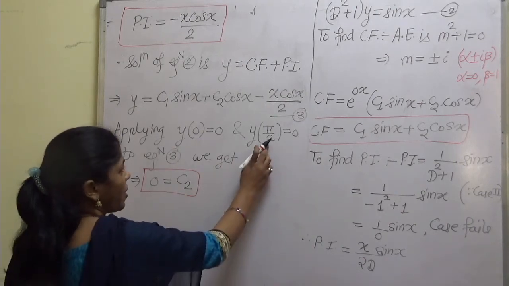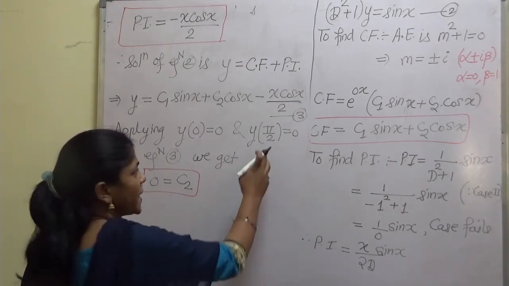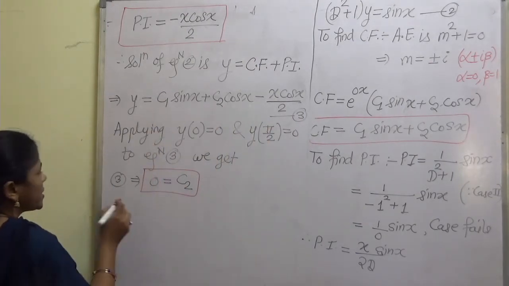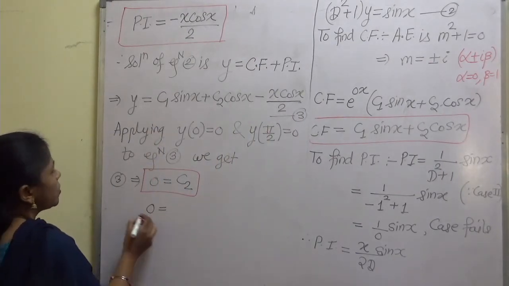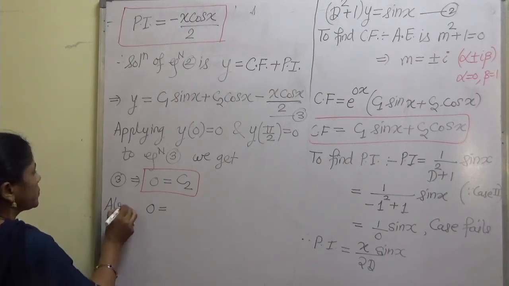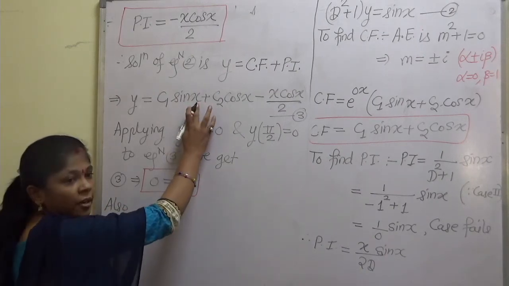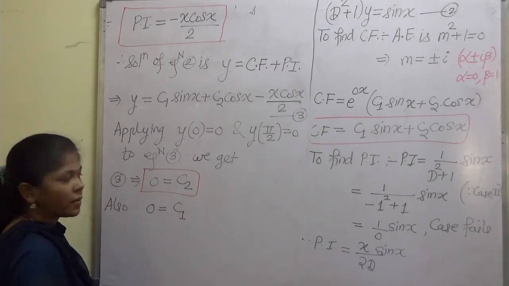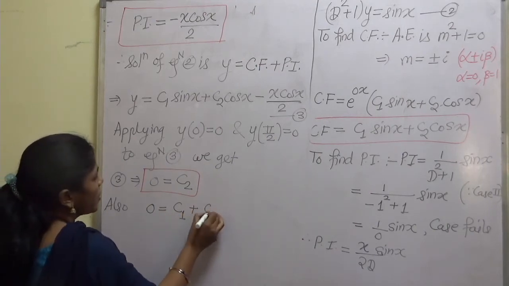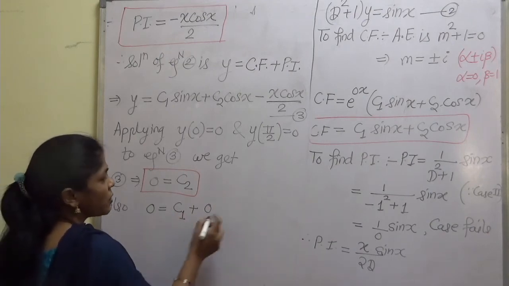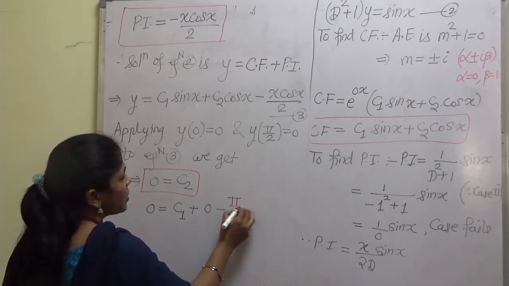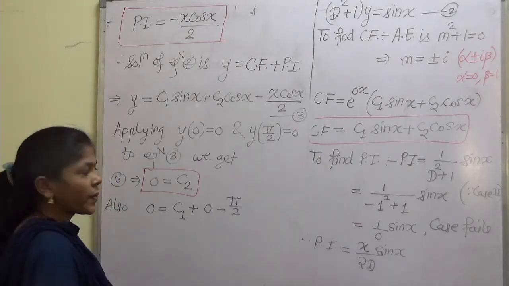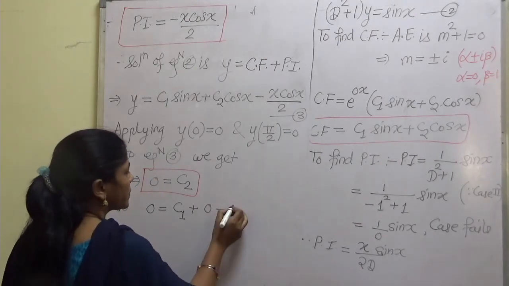Apply the next condition, y of pi by 2 equal to 0, meaning x is equal to pi by 2 and y is 0. So we have 0 equals c1 times sin of pi by 2. What is sin pi by 2? That is 1, so c1, plus c2 cos pi by 2, which is 0 since c2 is also 0, then minus pi by 2 times cos pi by 2. Cos pi by 2 is 0, so this entire term is 0.